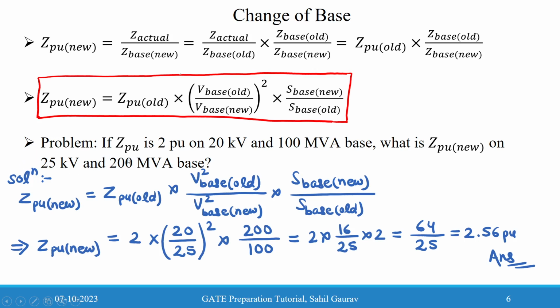The problem is: if Z per unit is 2 per unit on 20 kV and 100 MVA base, what is Z per unit new on 25 kV and 200 MVA base?